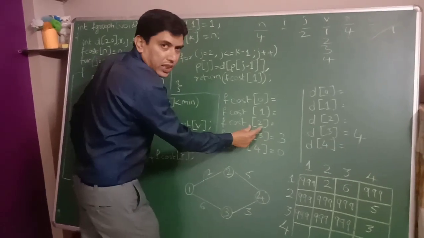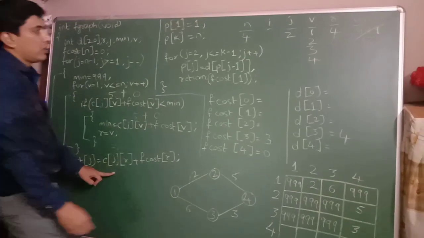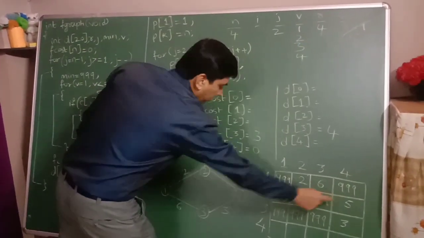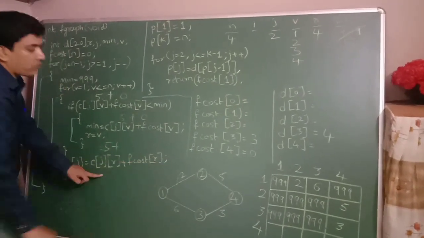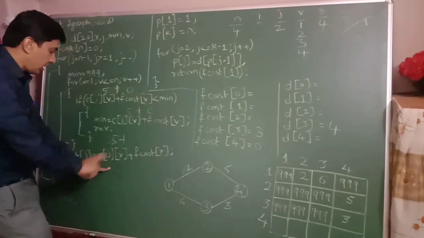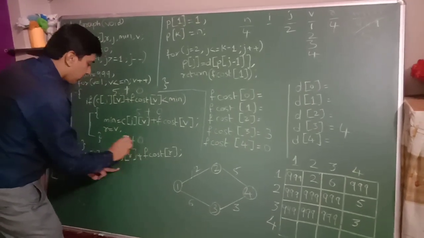F cost of j, that is f cost of 2, is equal to J R, that is 4, which is 5 plus f cost of r. R value is 4, f cost of 4 here is 0, right? So 5 plus 0 is 5 only.